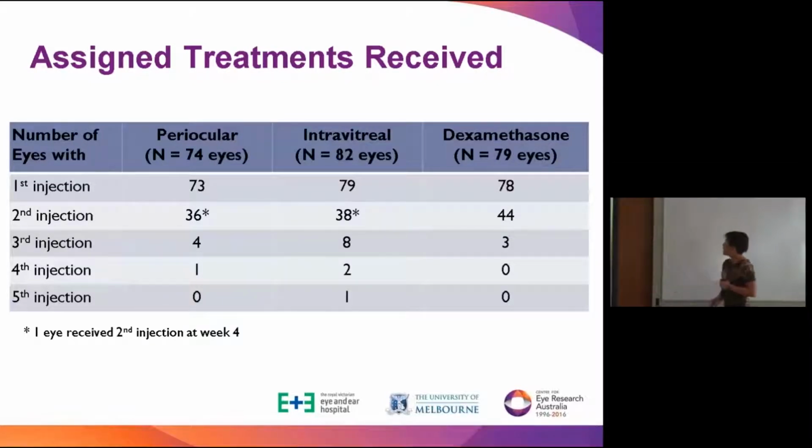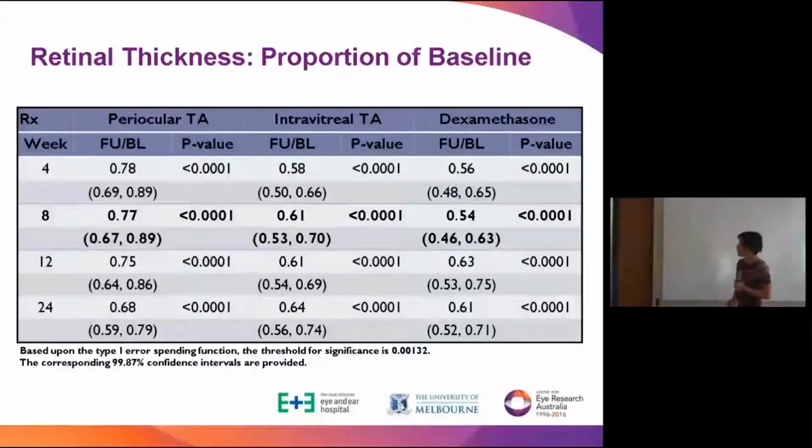Now, if we go on to the results, you can see along here that by week 8, all of them resulted in a reduction in central macular thickness from baseline. So with regards to central macular thickness, they all work.